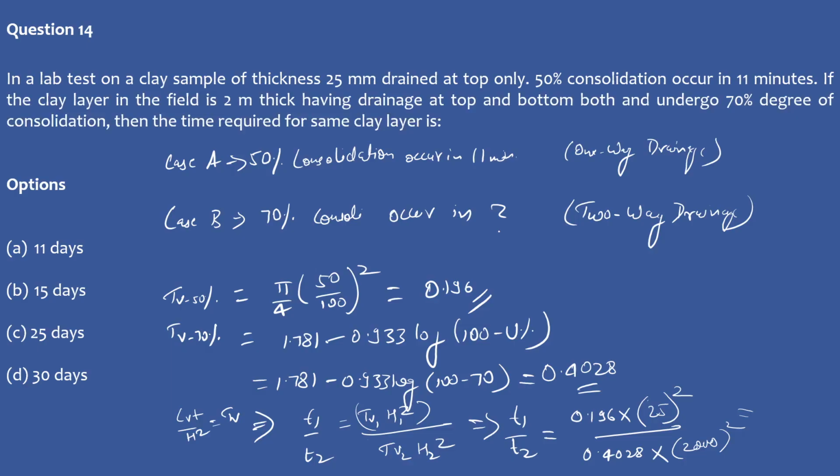So 0.196 into 25 square, divided by 0.4028 into 2000 square.